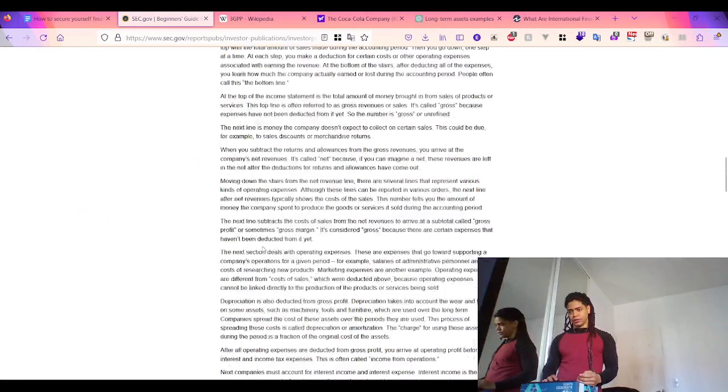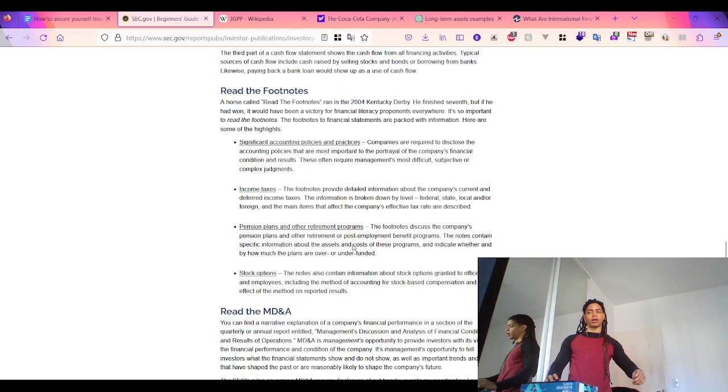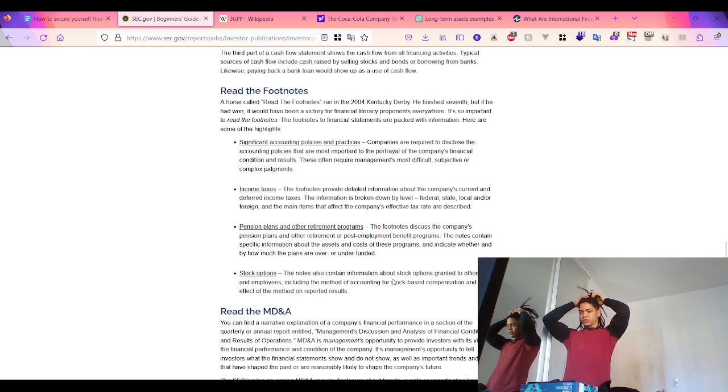So pension plans and other retirement programs. The footnote discusses the company's pension plans and other retirement or post-employment benefit programs. The note contains specific information about the assets and costs of these programs and indicates whether and by how much the plans are over or underfunded.